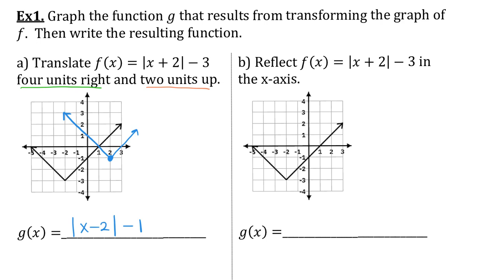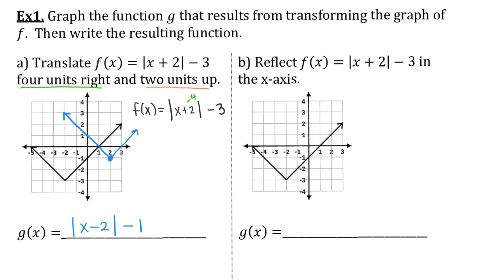Now if I didn't want to graph this, we need to figure out how did we get this answer. Let me go back to the original function. It was f of x equals absolute value of x plus 2 and then minus 3. Now it went 4 units right. If it goes 4 units right, then this x plus 2 is going to go minus 4.